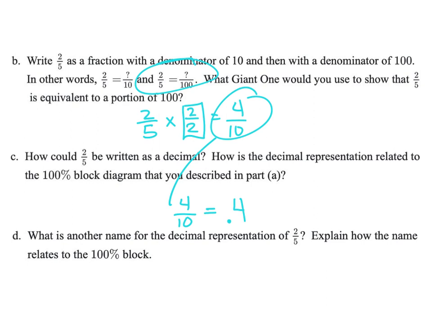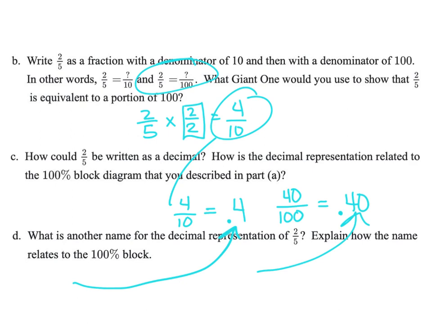If we did it like from the previous page where we had 40 out of 100 or 40 hundredths, it would look like that. So that kind of answers this question too. We could call it 4/10 or we could call it 40 hundredths.